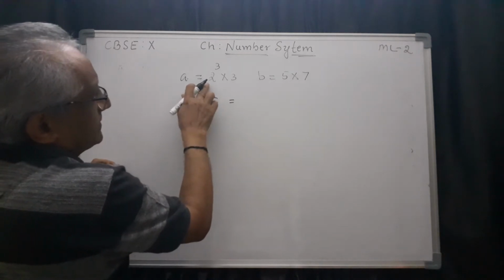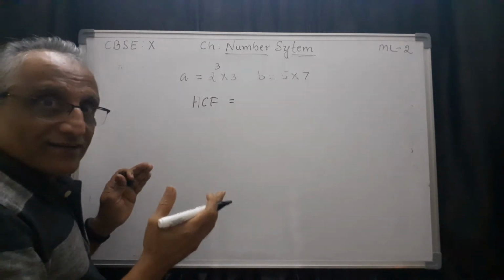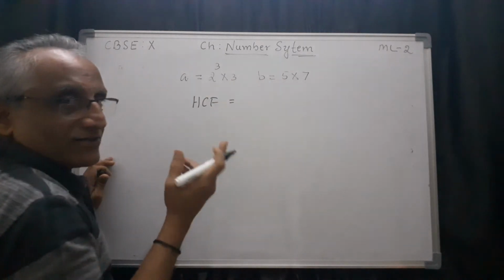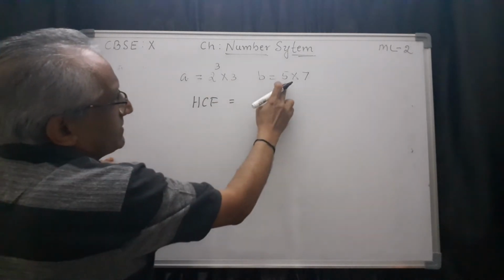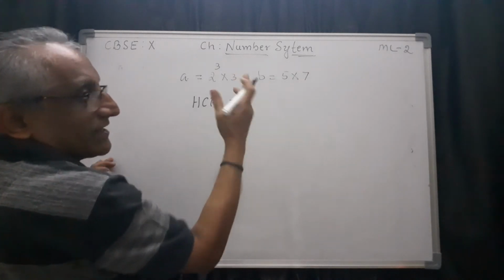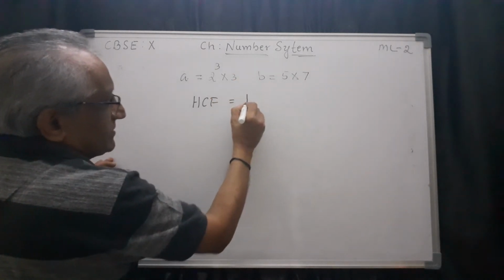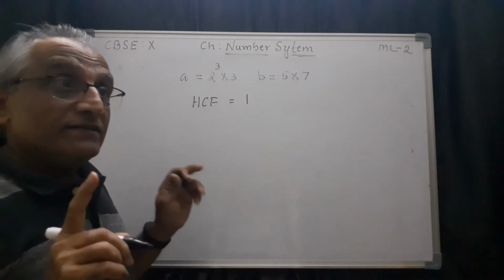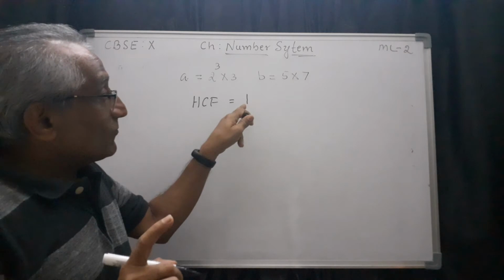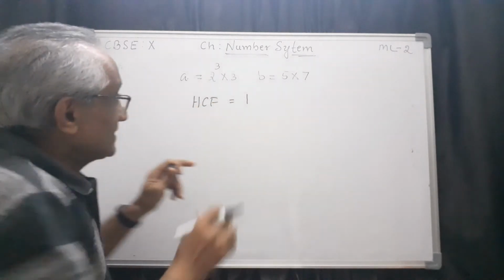See, 2 is here, 2 is not here, therefore I cannot write it. 3 is here, 3 is not here, so I cannot write it. 5 is here, 5 is not here, I cannot write it. 7 is here, 7 is not here, I cannot write it. So the HCF is 1. Remember, the HCF is at least 1, because for any numbers you take, 1 is a common factor.